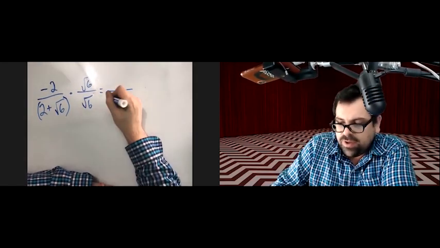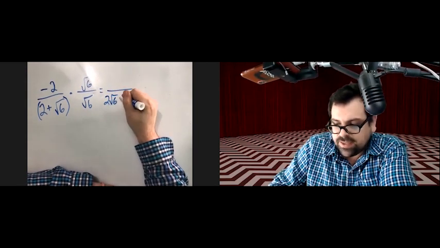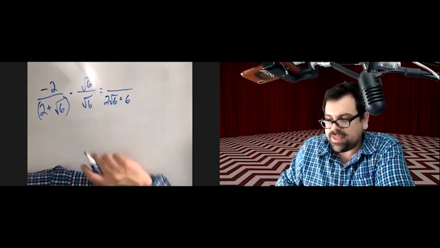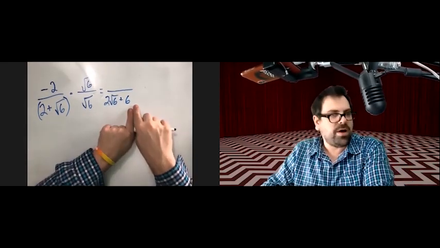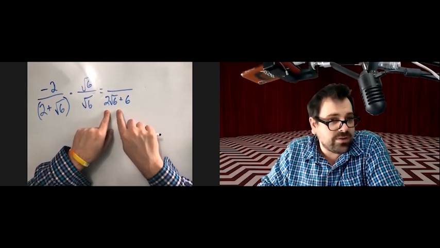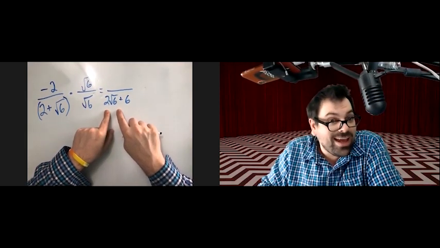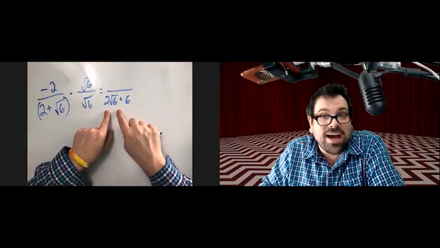So you would end up with 2 radical 6 plus 6. You've taken care of not having a radical on the bottom right, but you've given yourself a radical on the bottom left.